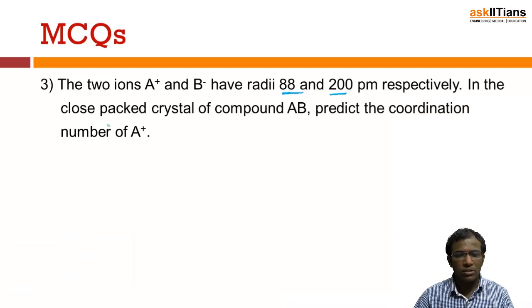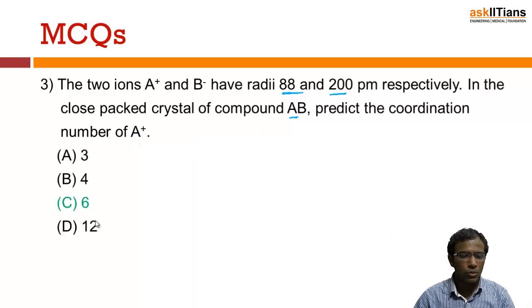In the close packed structure of the compound AB, predict the coordination number of the cation, which is A+. The options are 3, 4, 6 and 12.